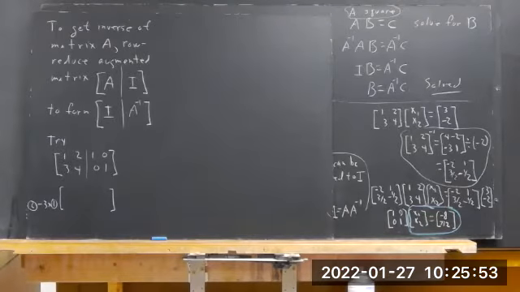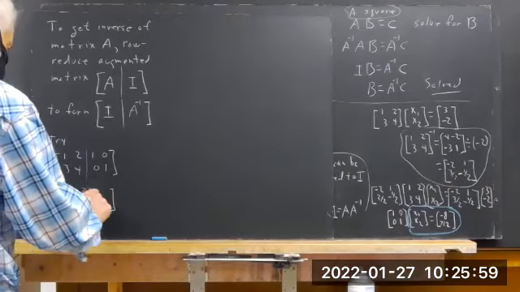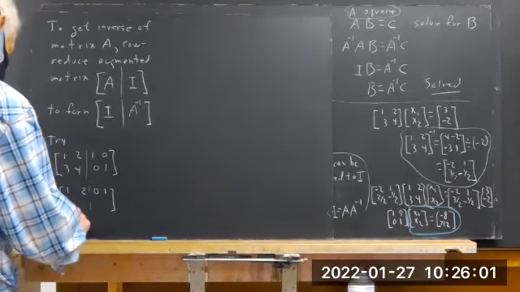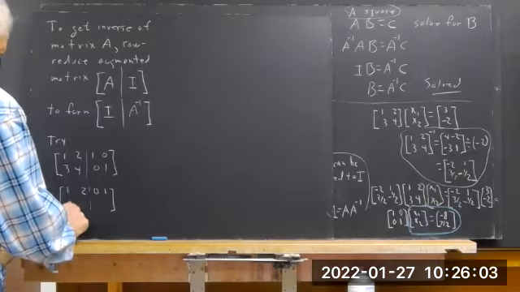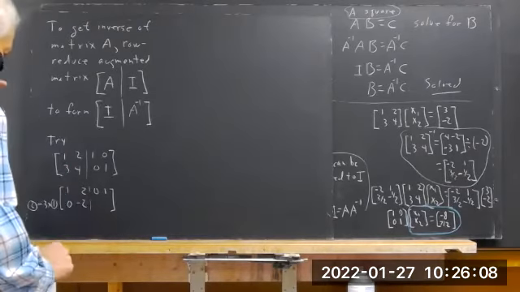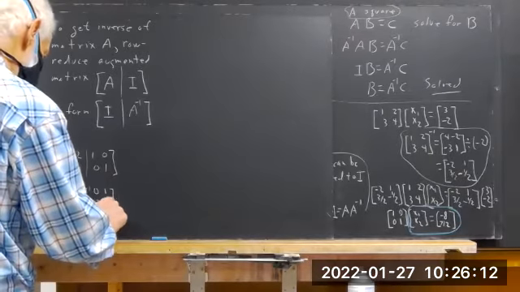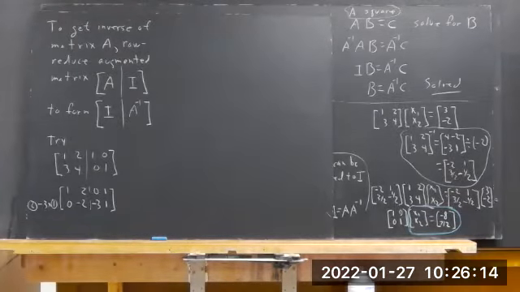Okay, anyway, we've got 1, 2, 0, 1. And that's going to give us a 0 here. Subtract 3 times 2 from 4, we get -2. And subtract 3 times 1 from 0, we get -3, 1.